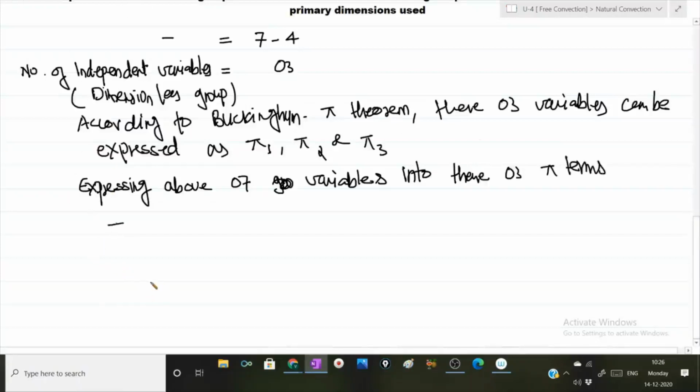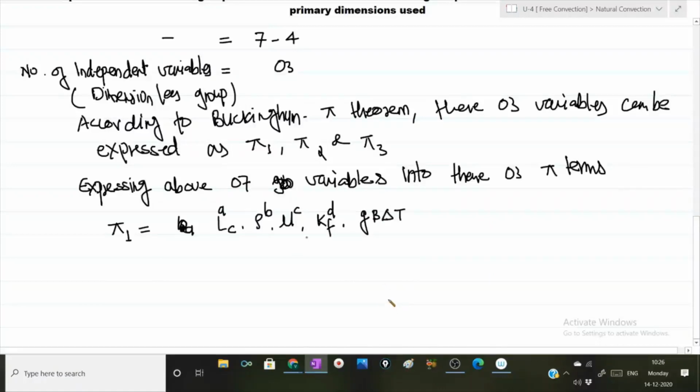So pi1, the first non-dimensional group, will be expressed as LC power A into rho power B into mu power C into Kf power D into G beta delta T.